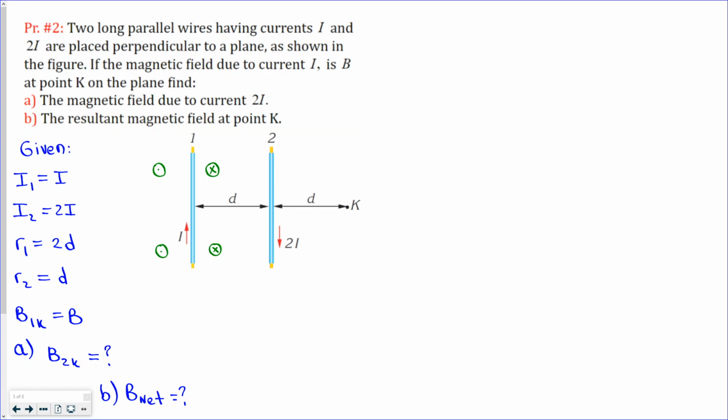And at the right side, the magnetic fields of the first wire will enter to the page. And from the left side, we have the magnetic field which is out of the page, directed towards us. Now what about the second wire?